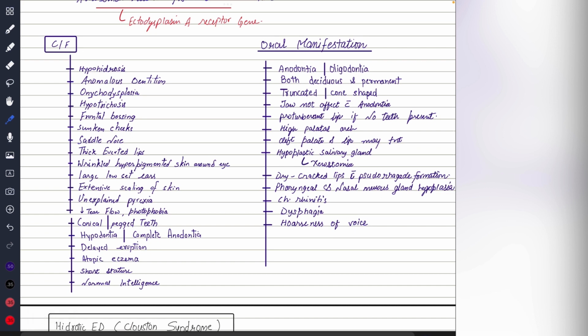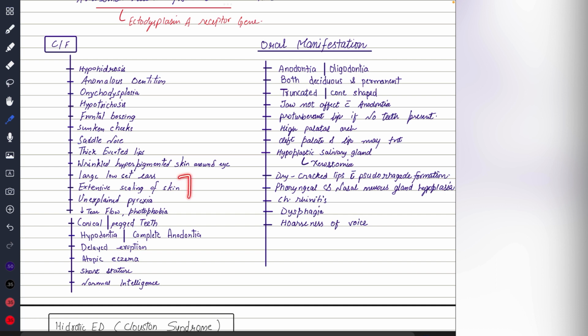See, all these features, frontal bossing, sunken eyes, saddle nose, are present in adults. How do you diagnose ectodermal dysplasia in a child? You will look for extensive scaling of skin, unexplained pyrexia, tear flow and photophobia, which is rare but you can find it.